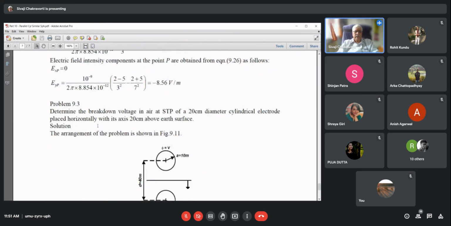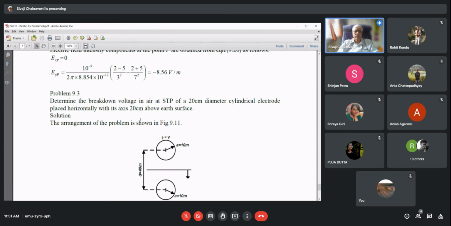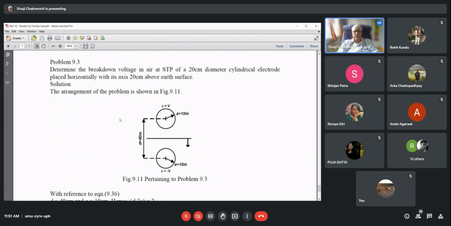Today I have tried to tell you two practical examples: one is a sphere gap arrangement, and the other is the transmission line conductor system or the railway conductor system, and how we can analyze and get results for such problems with the help of an analytical solution, that is, the method of images.